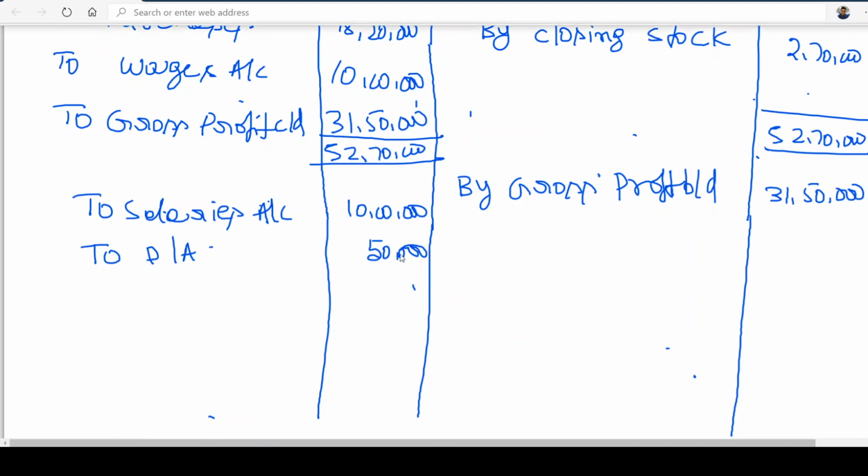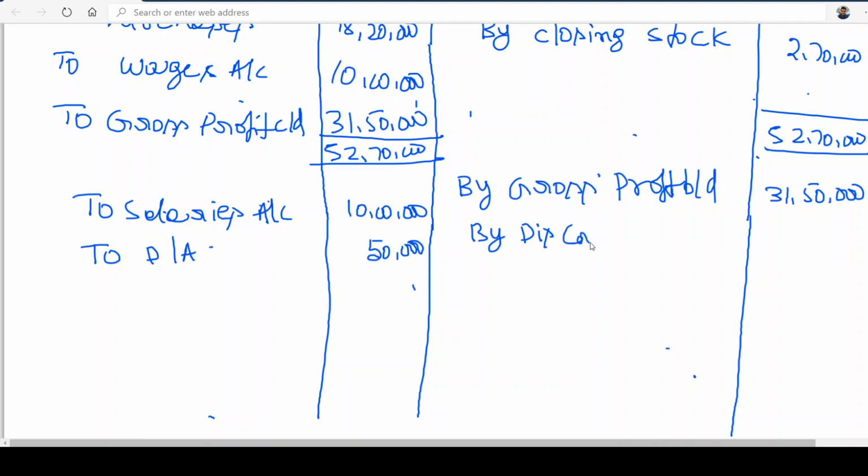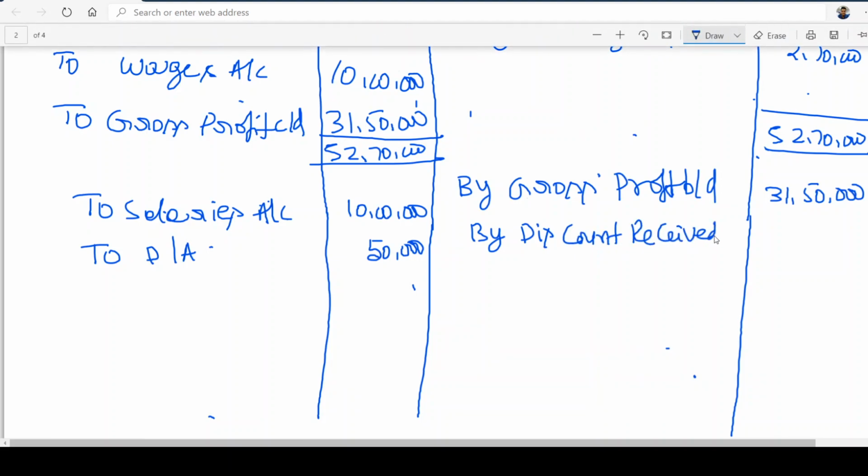To discount allowed is 50,000. Then discount received is 30,000. Will be taken to which account? Profit and loss account, credit side.